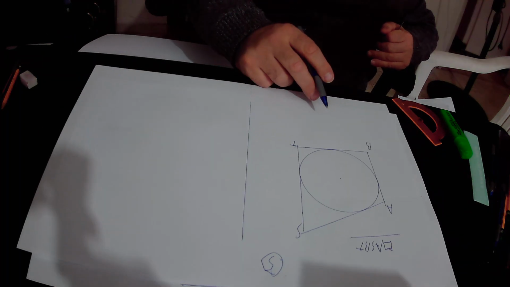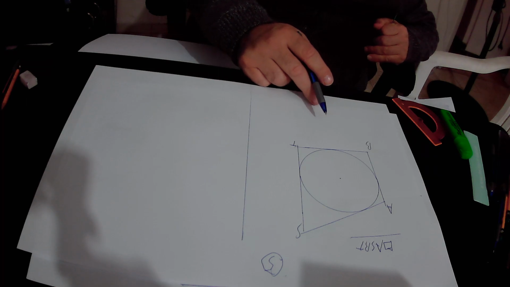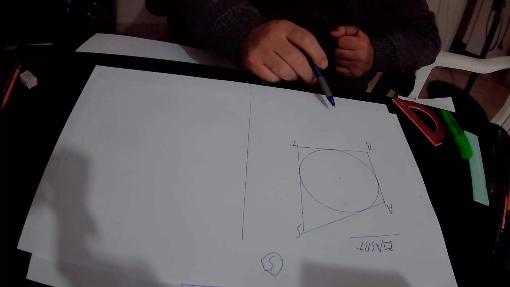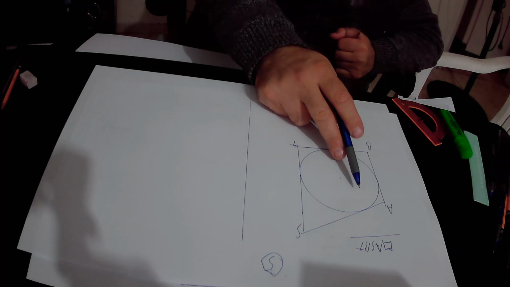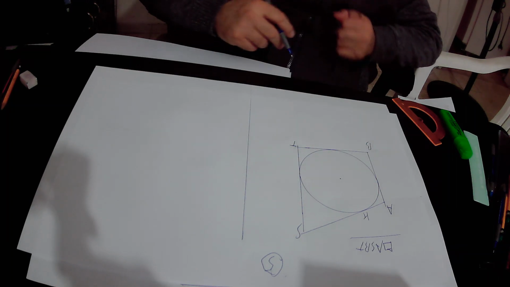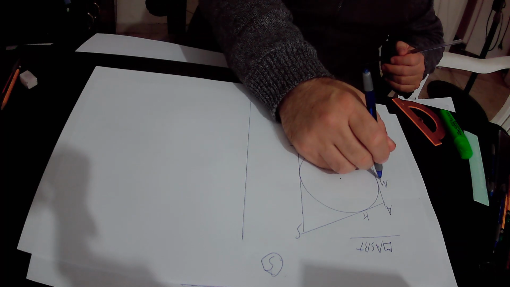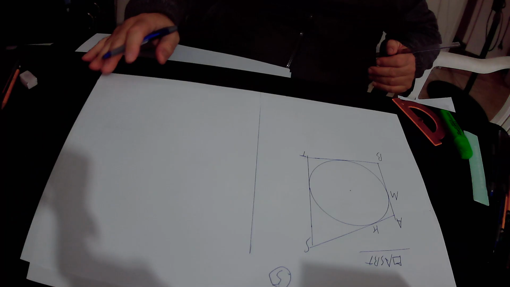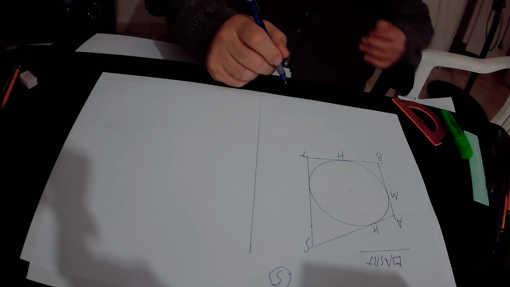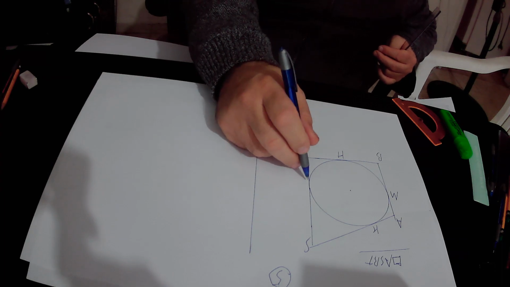So this is the small quadrilateral ASBT with the circle that is inscribed inside it that I copied from the original drawing. We define the point of tangency of tangent AS with this circle as K. We define the point of tangency of tangent AB with this circle as M. We define the point of tangency of tangent BT with this circle as H. And finally, we define the point of tangency of tangent SC with this circle as L.